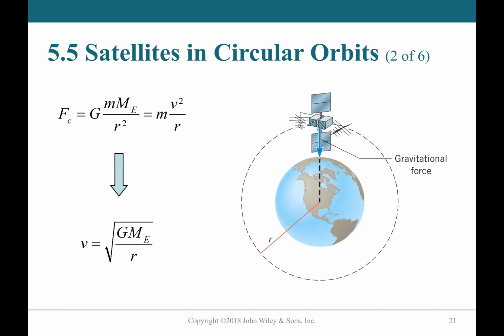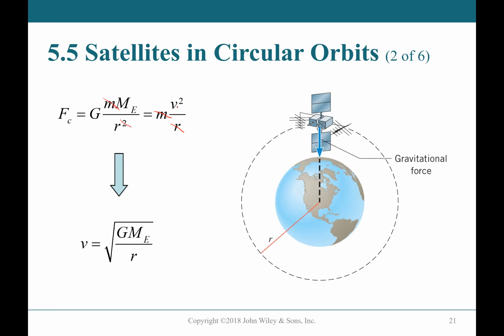So here what we have done is we have equated the centripetal force to the gravitational force. Okay, and the gravitational force, this is the equation. The centripetal force, this is the equation. So what you notice then is that these m's cancel. Okay, this r cancels one of these r's.